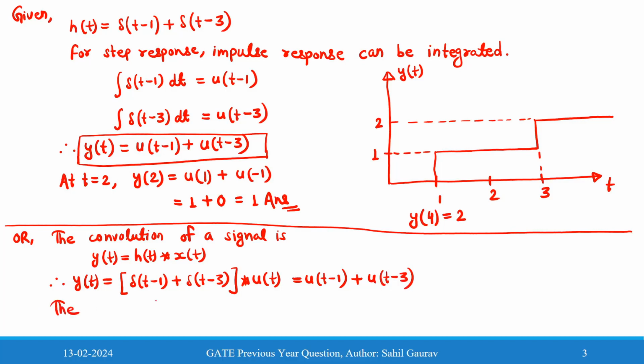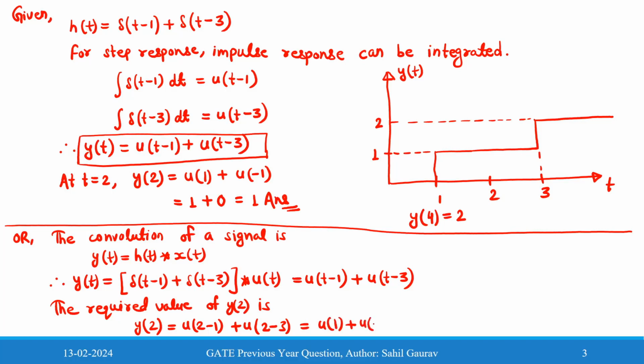Therefore, the required value of y(2) is u(2 minus 1) plus u(2 minus 3), that is u(1) plus u(minus 1).